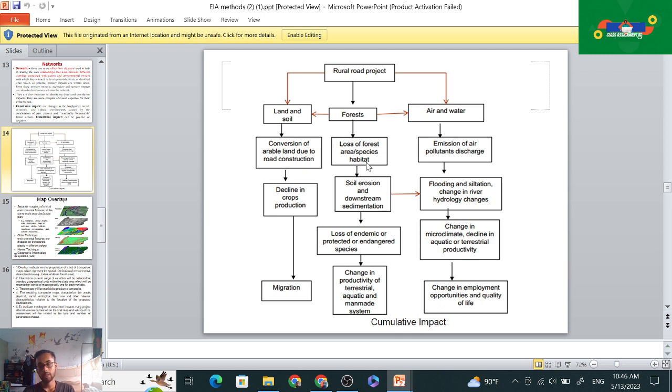Then air and water emissions, air pollution, discharge, flooding and siltation, change in river hydrology. Then change in the microclimate, decline in the aquatic or territorial productivity, then change in the environmental opportunities and the quality of life. It is totally the cumulative impacts you can see.